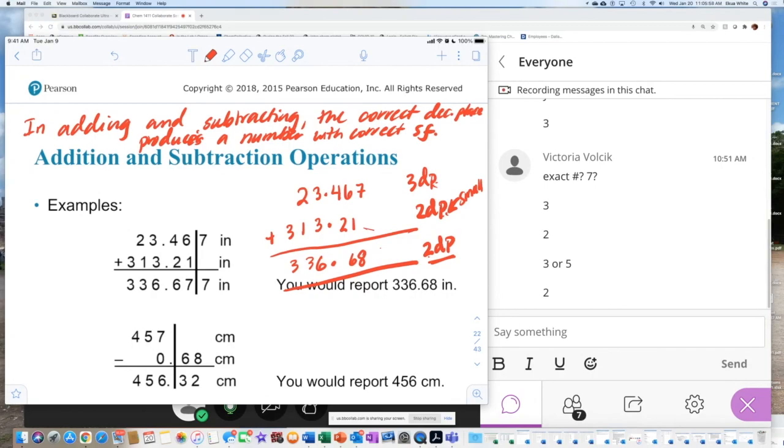So what I mean by that is, let's count the significant figures now. We did the decimal place, we did the process right here, but now let's count the significant figures. I have 1, 2, 3, 4, 5. This is 5 significant figures. I'm going to write it to the left because I don't want to confuse it with the rule.